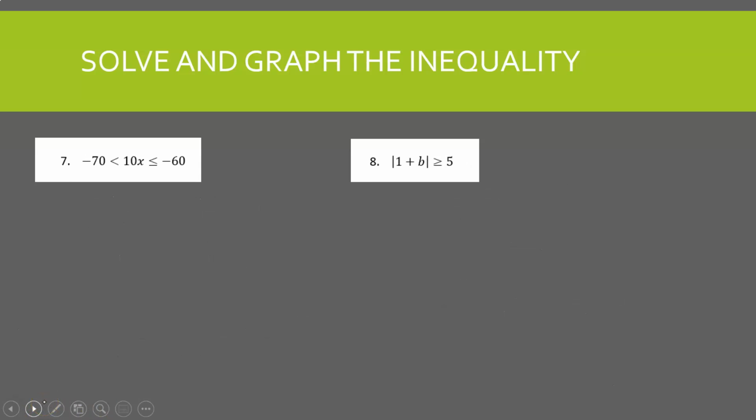Next page. So this is an and, so I have negative 70 is less than 10x, which is less than or equal to negative 60. I'm going to divide everything by 10. So I have negative 7 is less than x, which is less than or equal to negative 6.